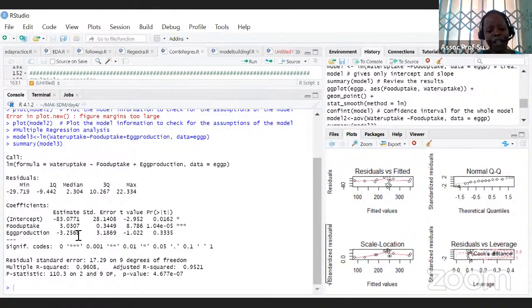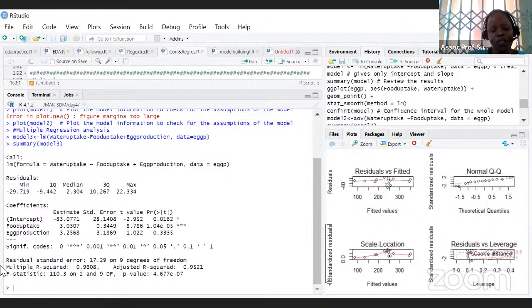And because the overall p-value is small, 4.677, it indicates that overall, there is a significant linear relationship between water uptake, food, and egg production.